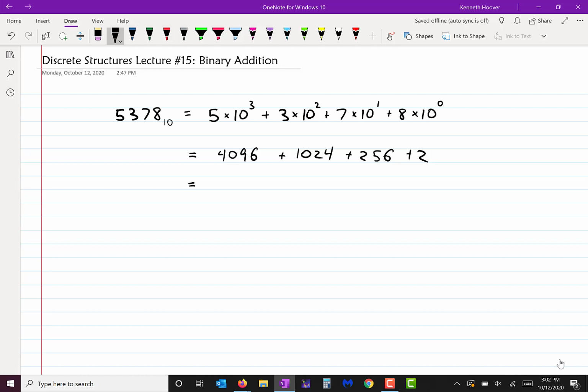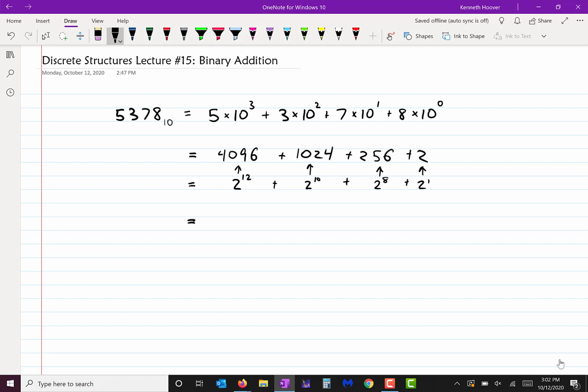And this is 2 to the 12th. This is 2 to the 10th. This is 2 to the 8th. And this is 2 to the first power.